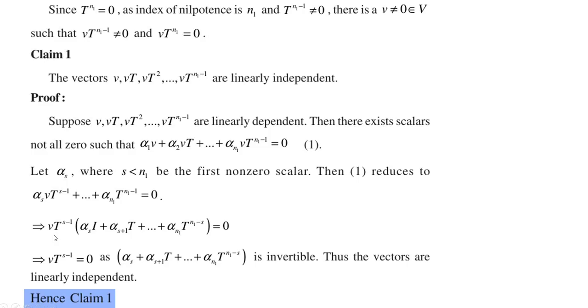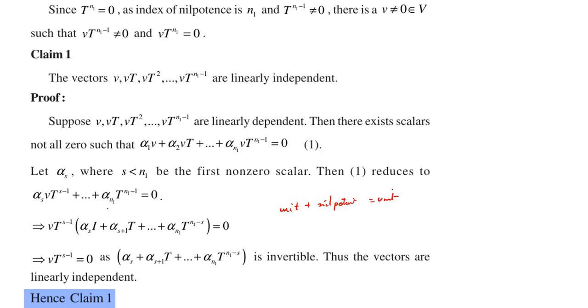Now in this, when we take vT^(s minus 1) out, this is what we are left with. And we proved in one of the lemmas that unit plus nilpotent is a unit.